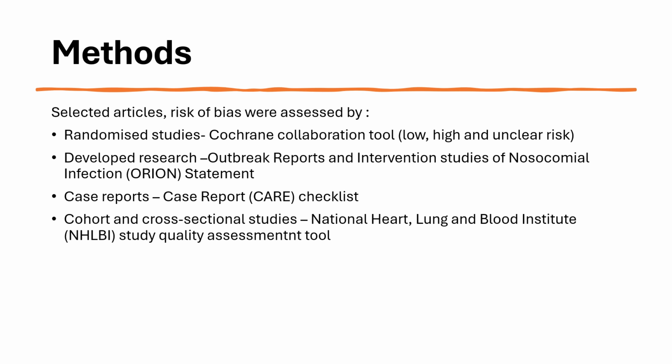For research studies, outbreak reports, and intervention studies, the nosocomial infection statement is used. For case reports, case report checklists are used to assess the risk of bias. For cohort and cross-sectional studies, the National Heart, Lung, and Blood Institute study quality assessment tools are used to assess the risk of bias.